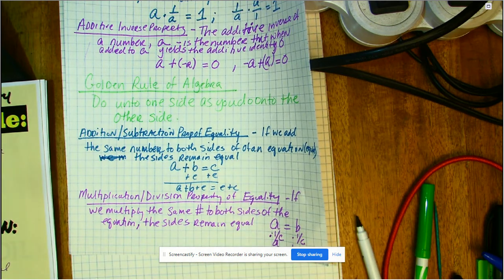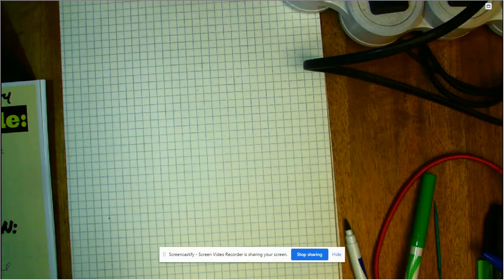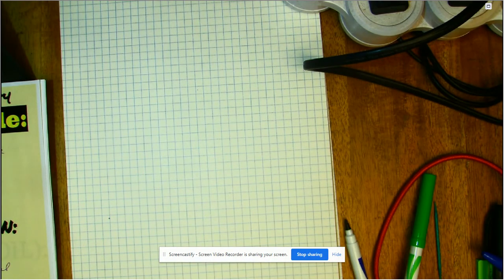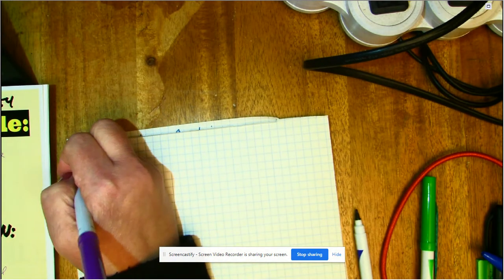And it looks like we're going to need one more page, so we're actually going to be going 23 through 25, the pages of our notebook. Okay, last property of equality is called the substitution property of equality.